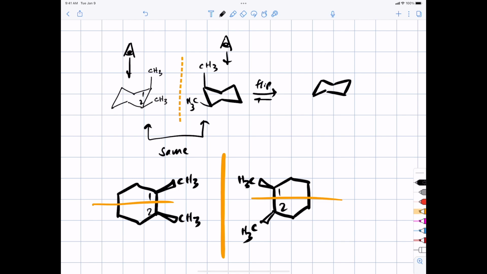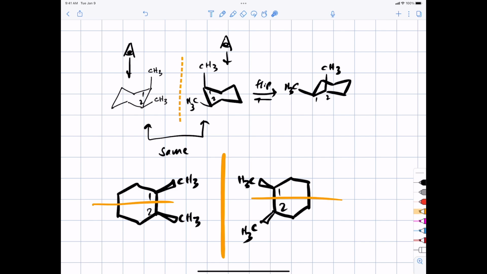wherein methyl group 1 and 2 becomes an up carbon, 1 becomes a down carbon, CH3 here, and CH3 here. And now, did I do that right or wrong? That's right. So now I have to sort of imagine in my head grabbing a hold of that molecule and spinning it around maybe 120 degrees, and this methyl group is going to line up with this one, this methyl group is going to line up with this one.